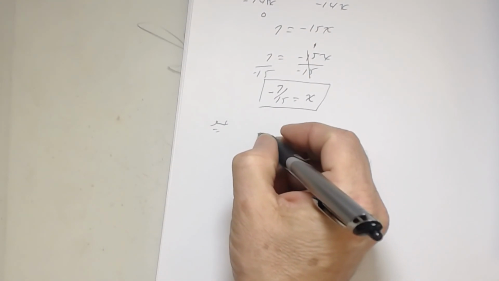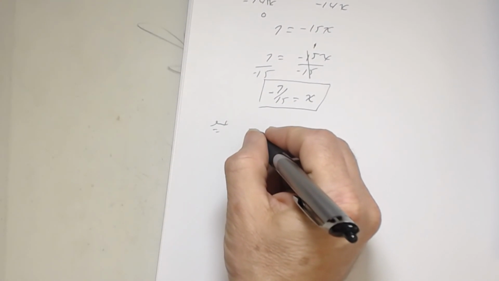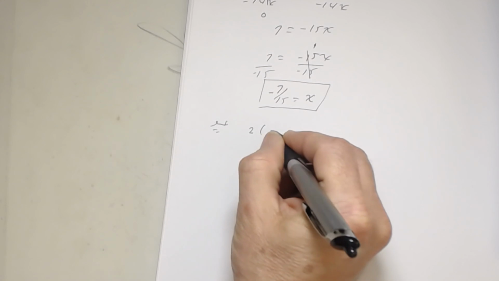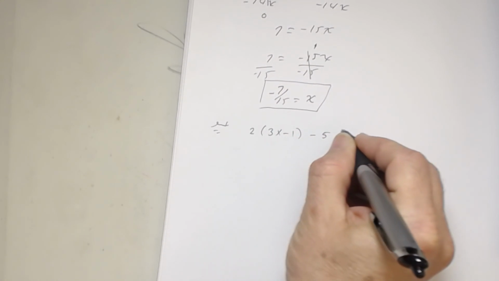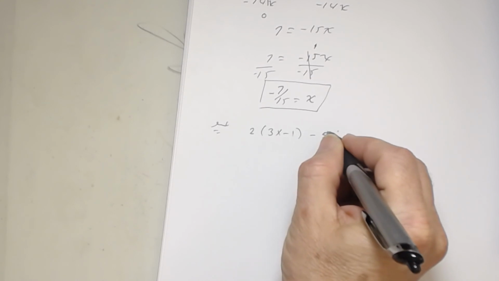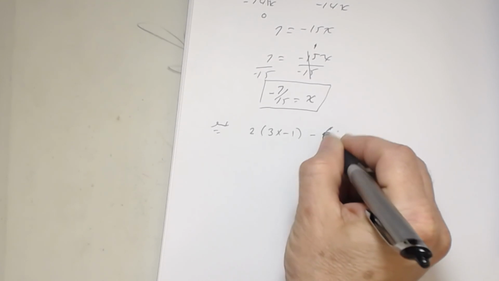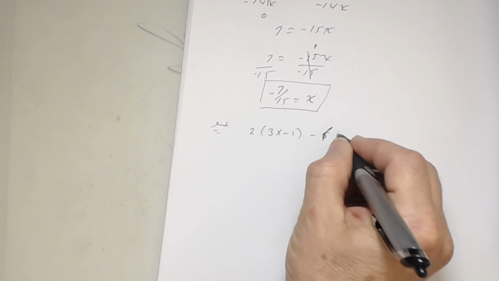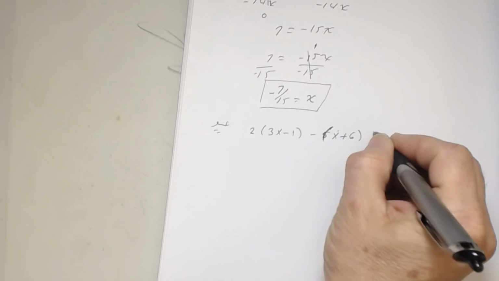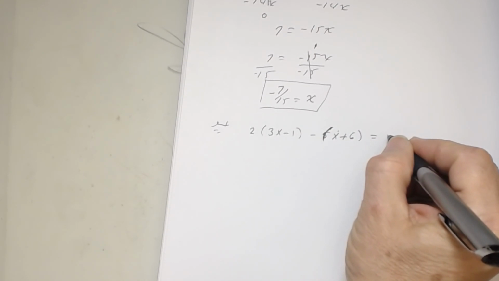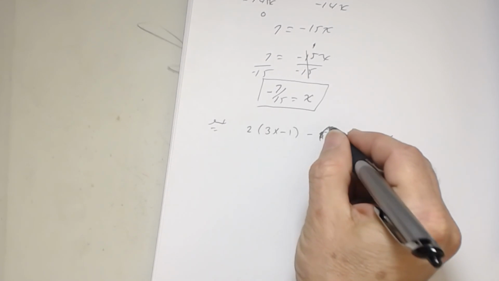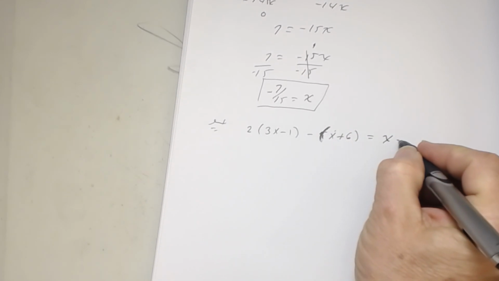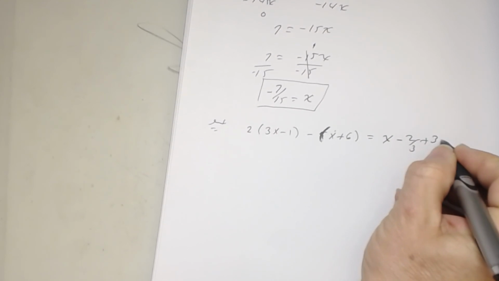Okay, so we have 2 times 3x minus 1 minus 5, and I'm going to make it just minus in parentheses, x plus 6 equals x, that's just x right here, not 5, that's x, equals x minus 2/3 plus 3/5.